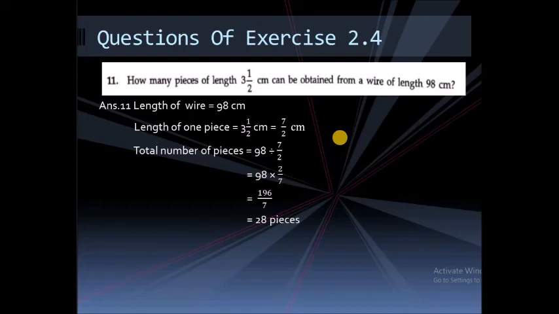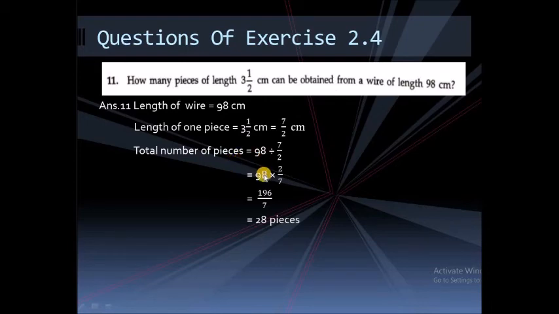I will divide my total length by the length of one piece. Here also I will do the same thing. Okay, I hope you got my point. I am just dividing the total length by the length of one piece. That gives me the total number of pieces.